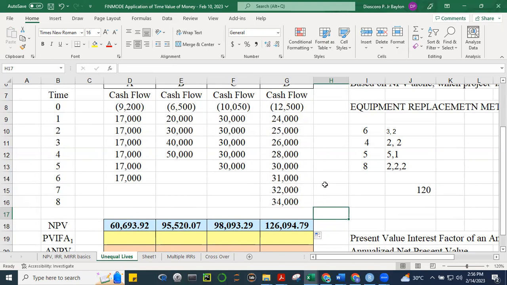Why is project D better? Kasi siya yung pinakamalaking yung net present value. However, we cannot do that. We cannot base it on the net present value kasi nga magkakaiba silang term, magkakaiba silang time ng cash flow.